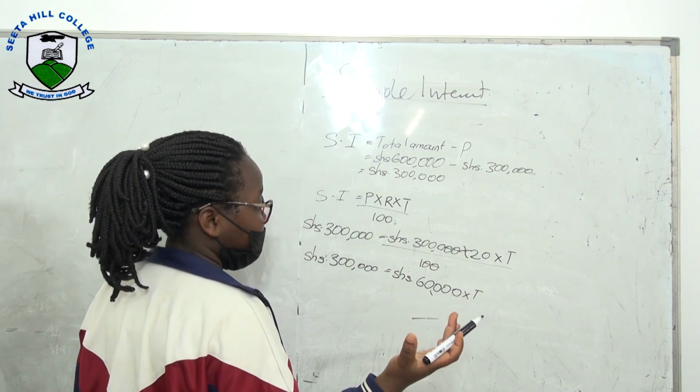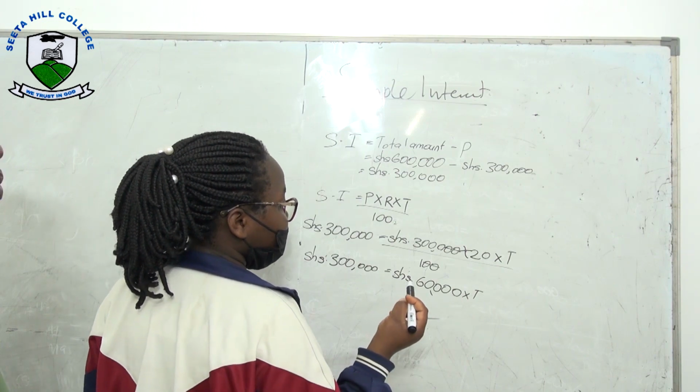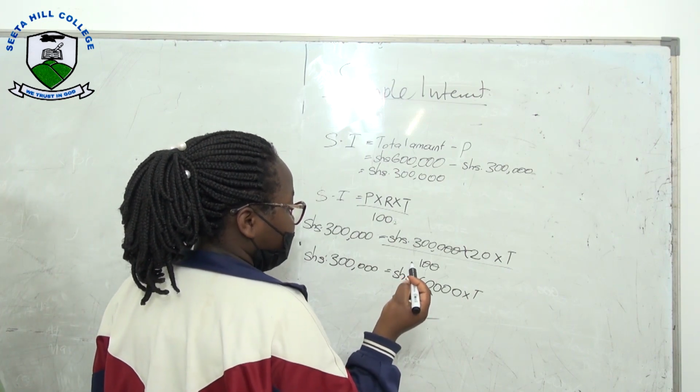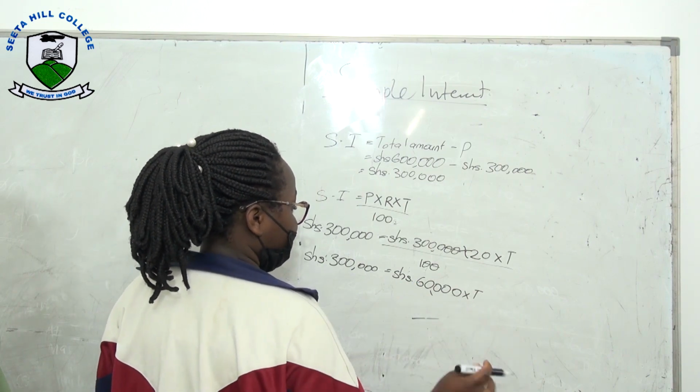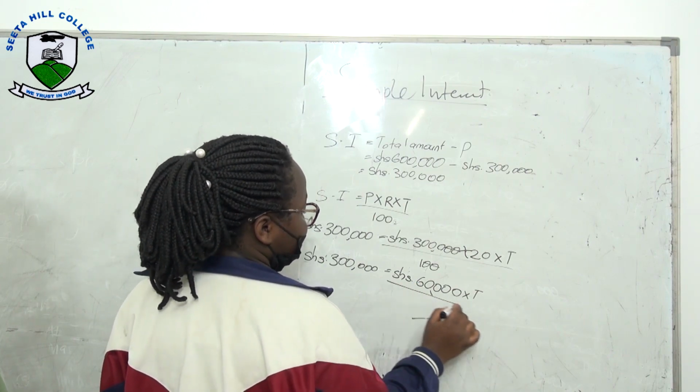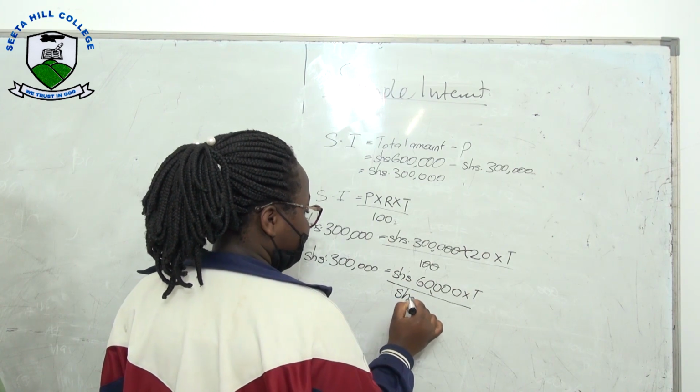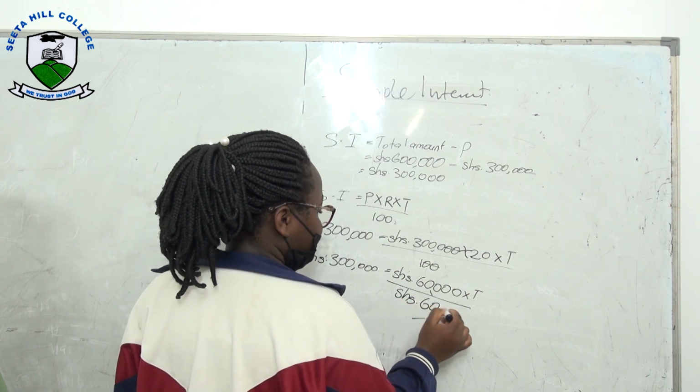Let me hope it's right. So, since we are given here an unknown, we shall make T the subject by dividing both sides by 60,000 shillings.